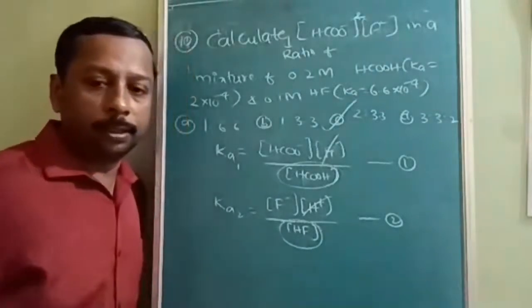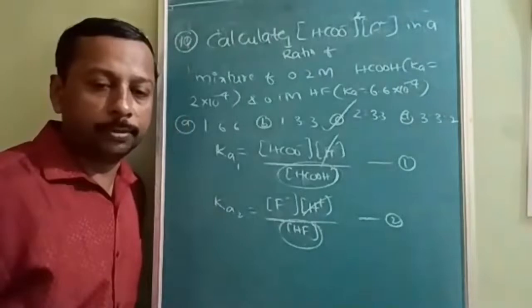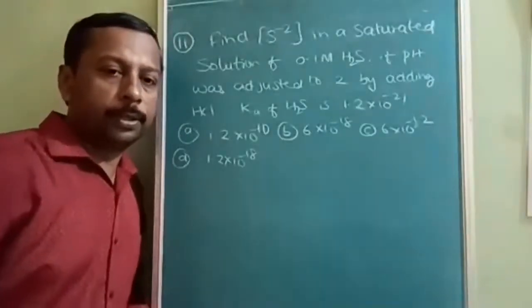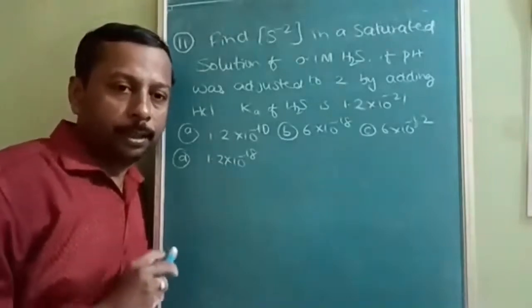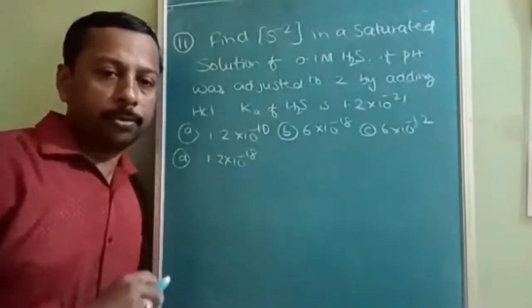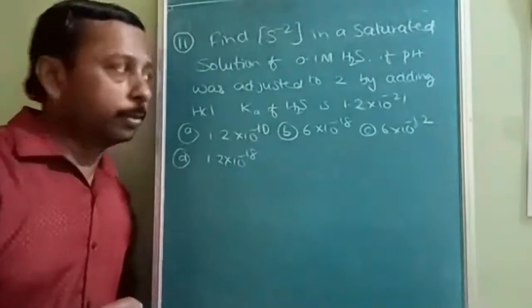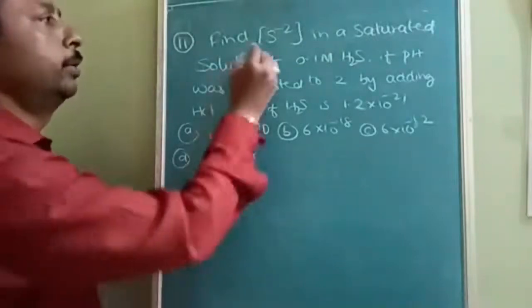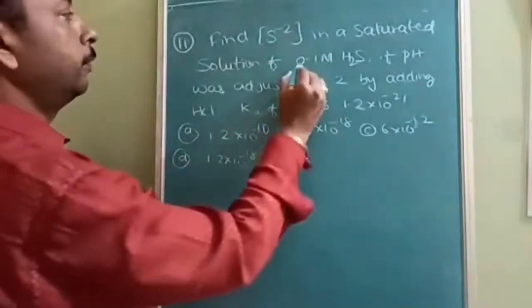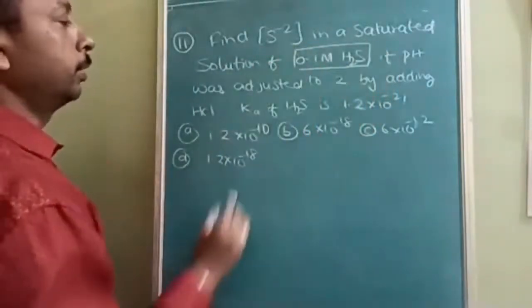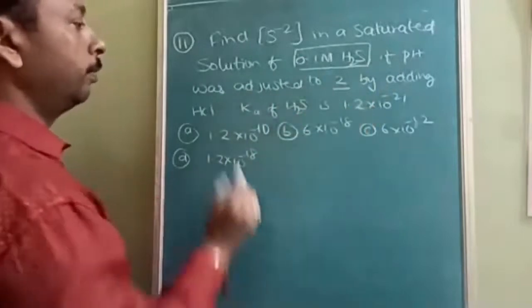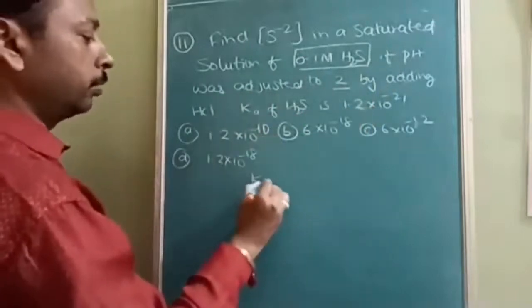If you have any doubt or any value change, you can ask. This is one of the good questions, so mark it, and before the examination you can go through this type of question. Find the concentration of S2 minus in a 0.1 molar solution of H2S whose pH is 2.